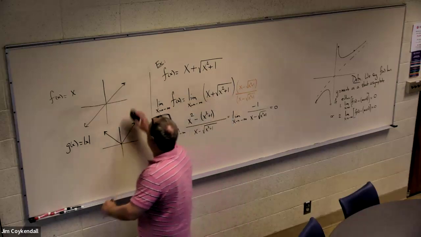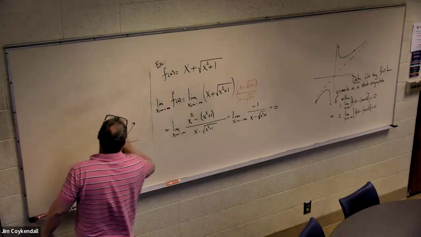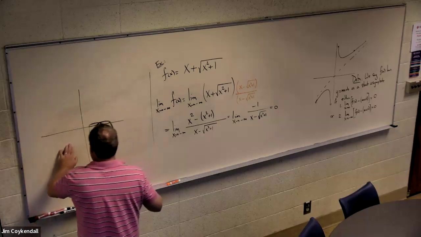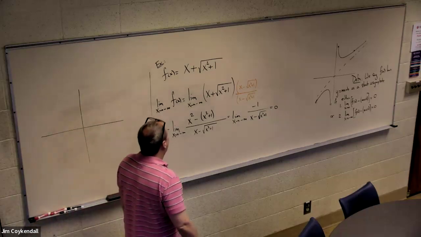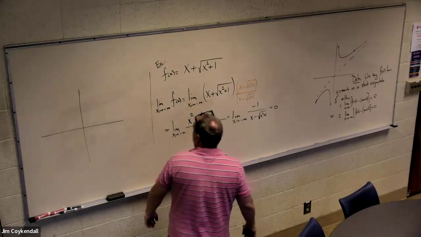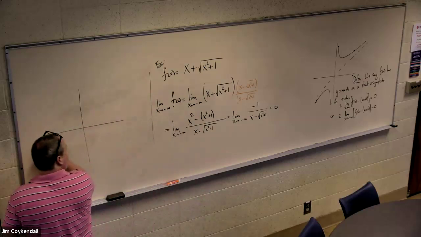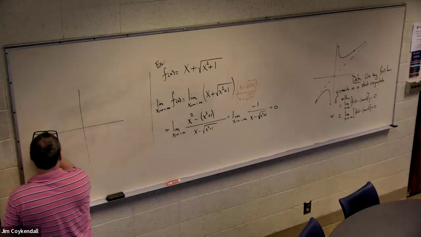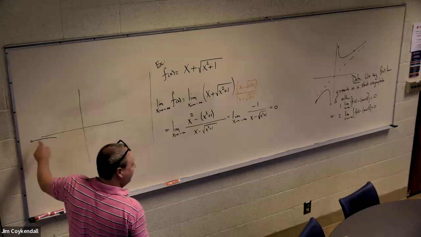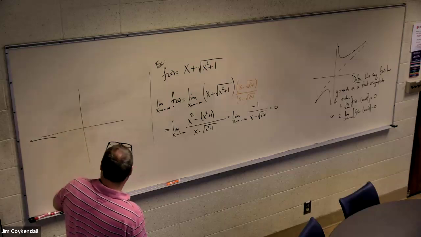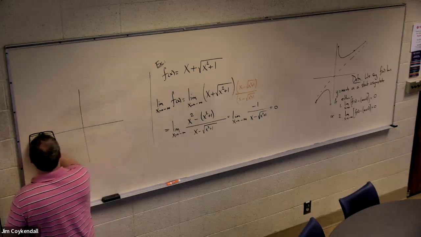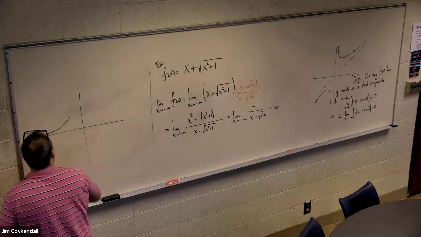So actually, I've got a decent picture of a big chunk of this function, because as x goes to negative infinity, it's going to 0. So the function goes something like this. Right? If you go to negative infinity, it's going to 0. Like this.